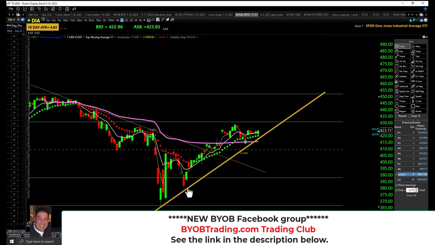That's bullish, making higher lows and higher highs, that's an uptrend.